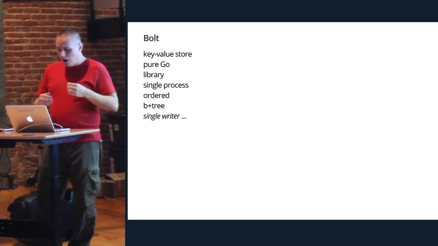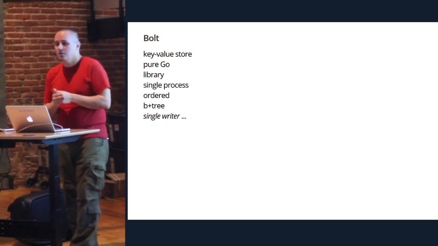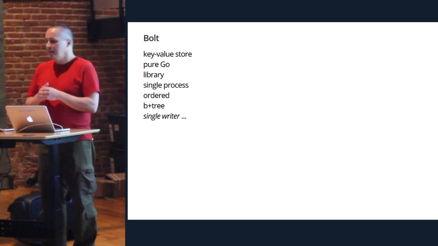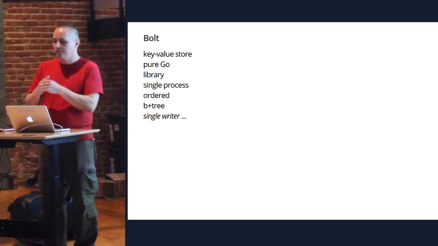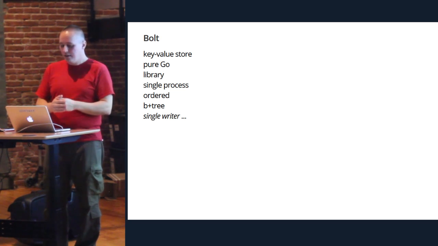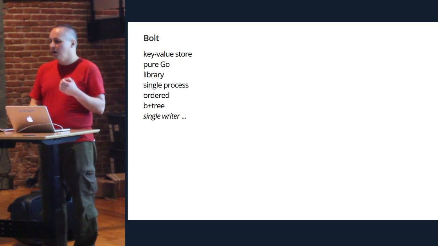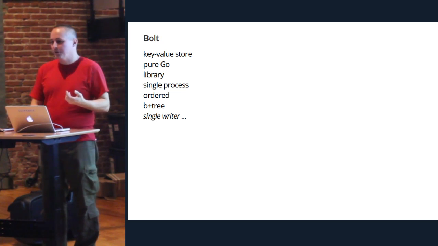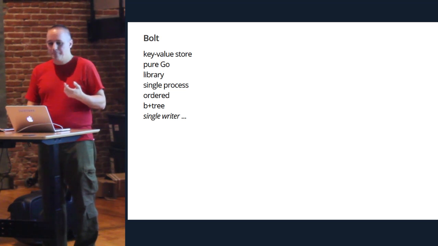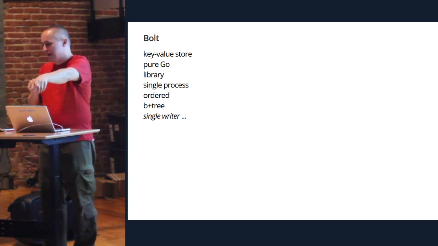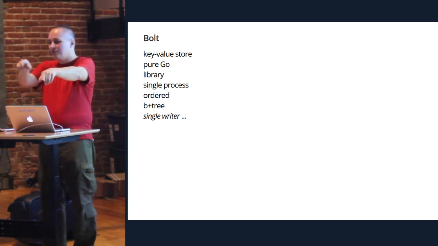So, one of the reasons that makes Bolt pleasant to use is because it's simple. And one of the major ways it is simple is because it has a single writer at a time touching the database. So, if you think about your typical counter, for example. You read the counter, you increment the number, you store it back. Now somebody goes, you can't do that.